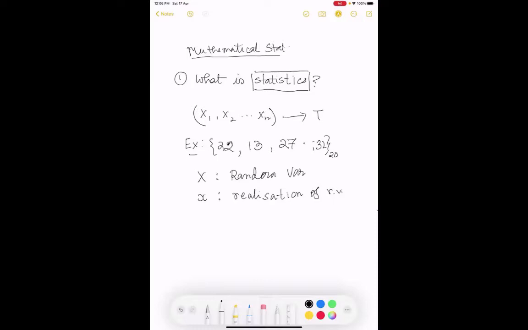So my data set can be viewed as a vector of size n, in our example n equal to 20.